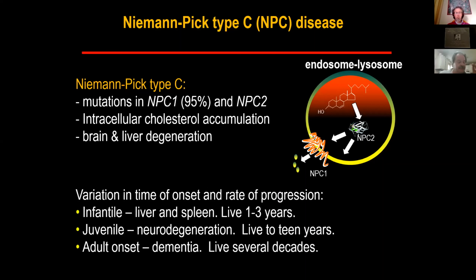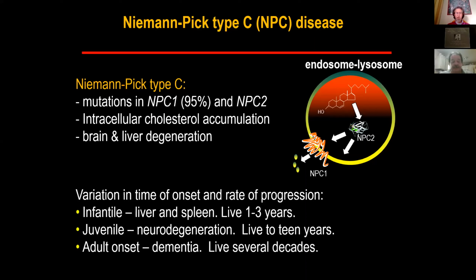And again, there is a variation in the time of onset and the rate of the progression of the disease. Usually the disease is divided into three different subtypes. The infantile patients survive till they're 2 or 3 years old. The juvenile, the most common one, they live till they're teens.